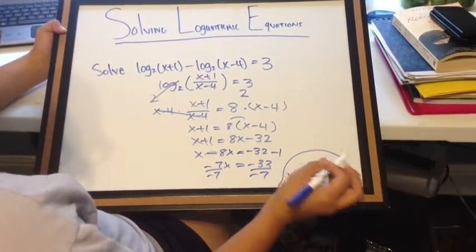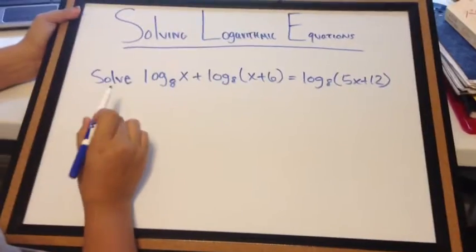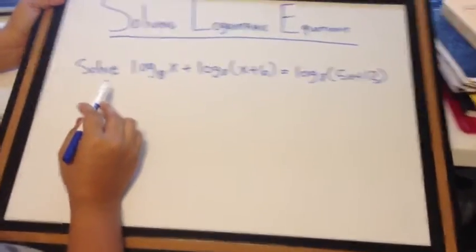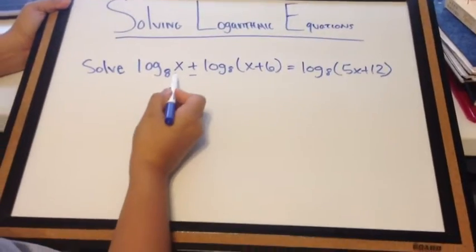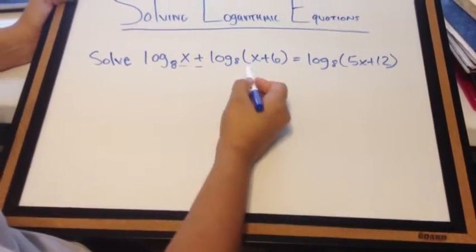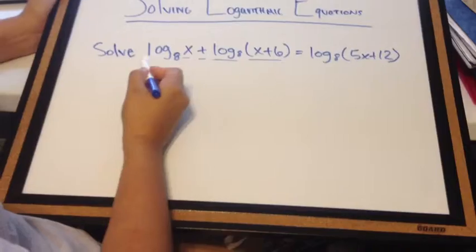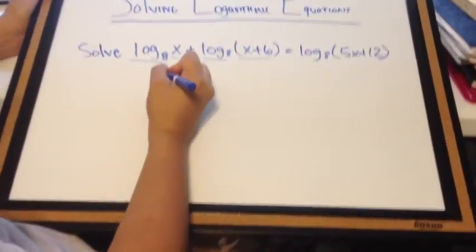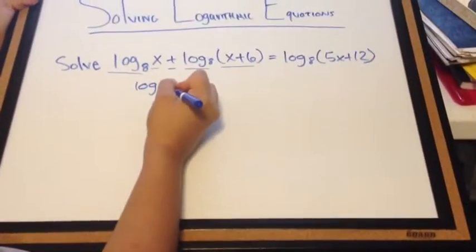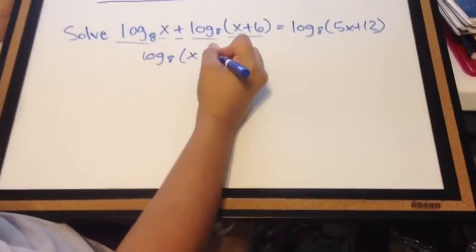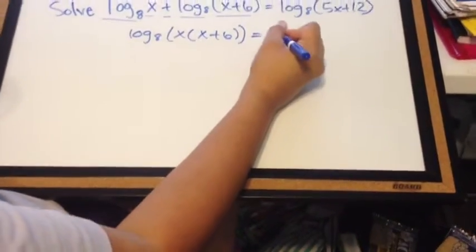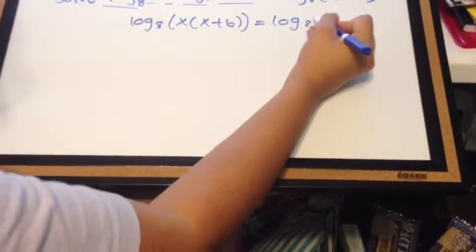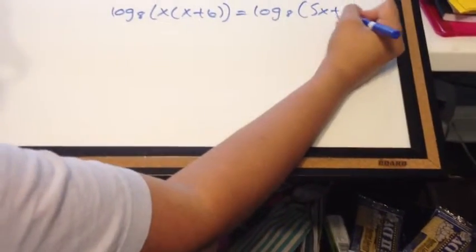Okay, so here's another problem. For this problem, since we have addition here of logs, we can multiply x and x plus 6 because they have a common base. So we can rewrite that as log base 8 of x times x plus 6 equals log base 8 of 5x plus 12.